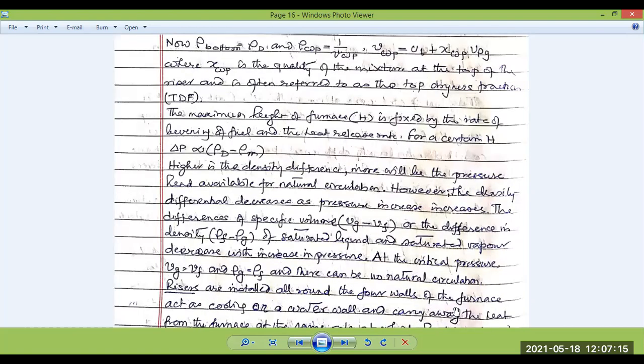However, the density differential decreases as pressure increases. The difference in specific volume, or the difference in density, of the saturated liquid and saturated vapor decreases with increasing temperature itself. At the critical pressure, Vg equals Vf and rho g equals rho f.